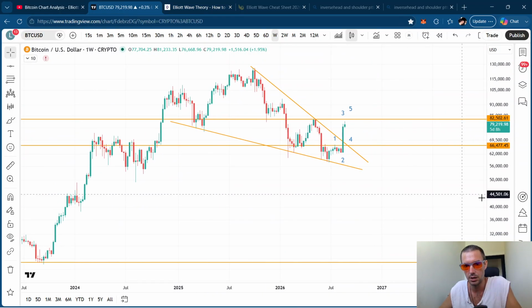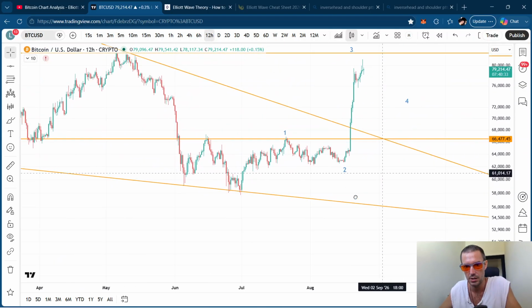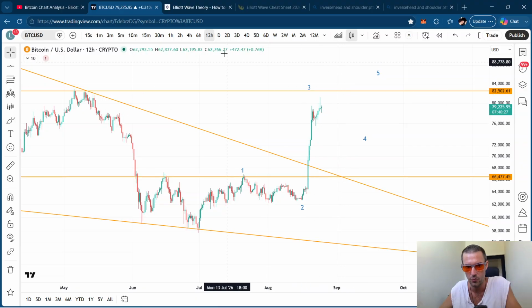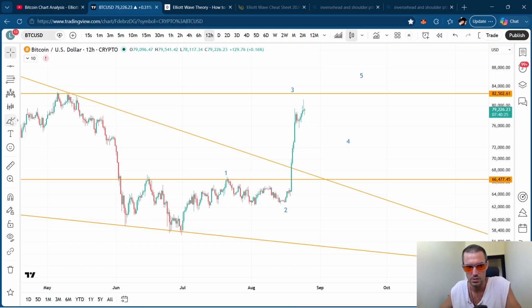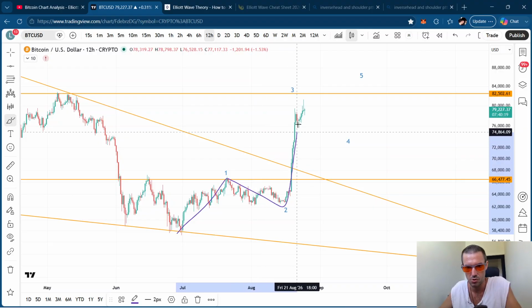All right. Currently, the idea with this Elliott wave here is that, well, I think we're in a fourth wave now. So what we typically see, right? Move up, correction down, strong impulse in wave 3.